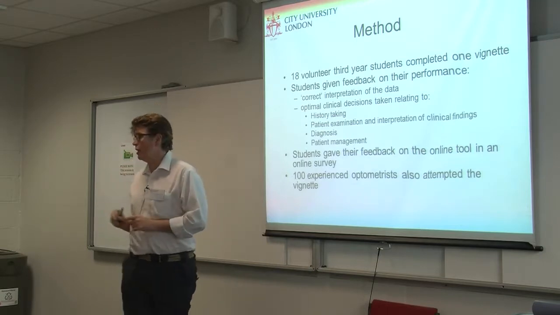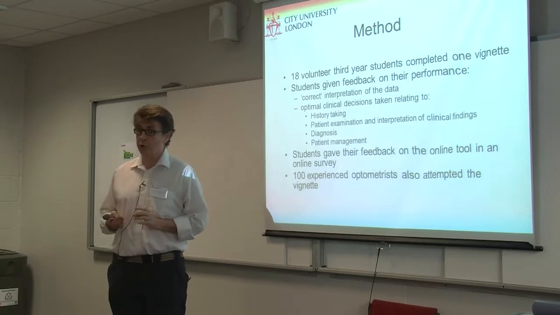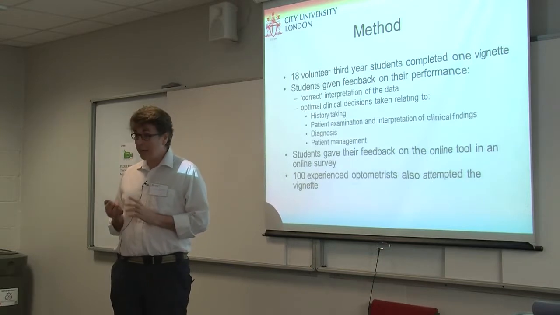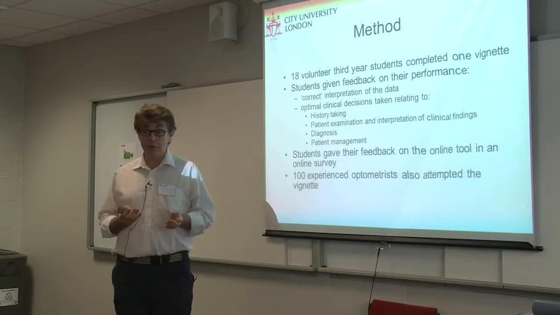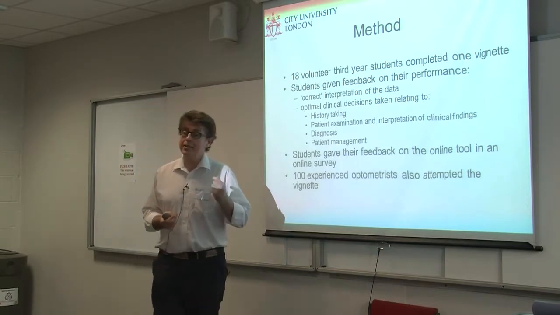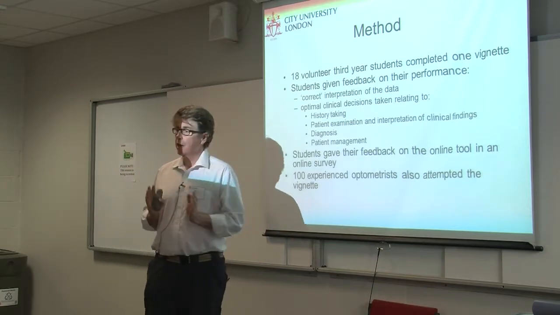And the nature of training for optometry is that they do a 3-year undergraduate course. In the 3rd year, they see routine patients that book eye examinations with them within the university clinic, and they're very, very closely supervised during that year.